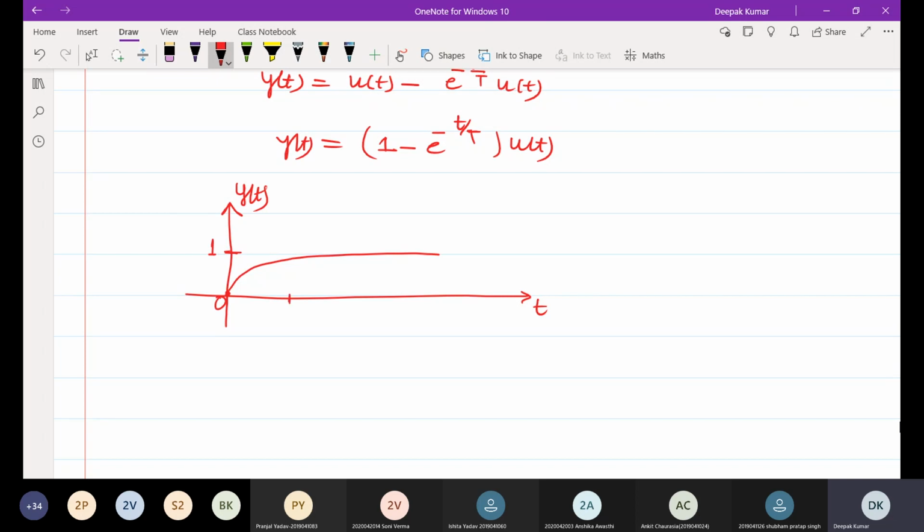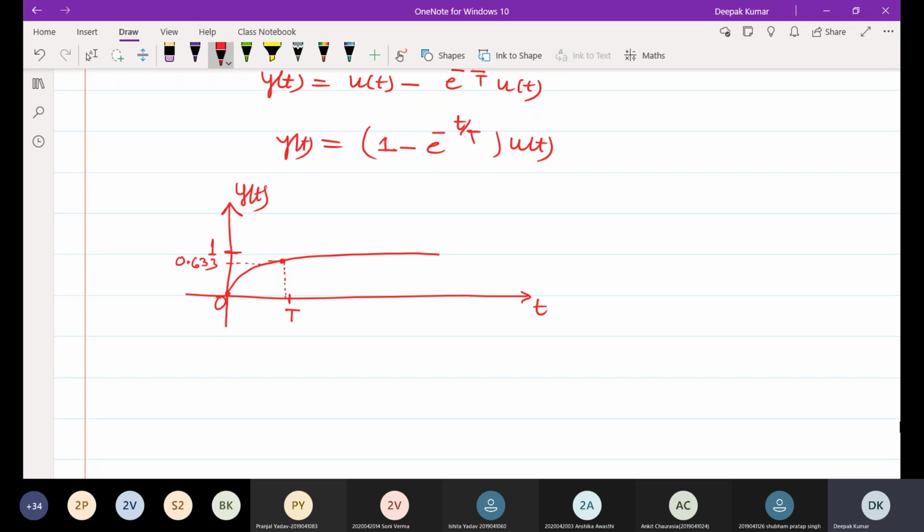And at time t, time constant, the magnitude, maximum magnitude at time t is equal to capital T at time constant t, you will see this will be 63% of 1. Maximum value is 1, so this will be 63%.